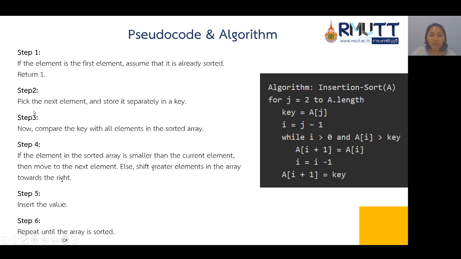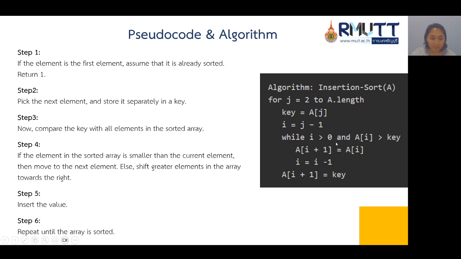Step 2, pick the next element and store it separately in a key. Step 3, now compare the key with all elements in the sorted array.